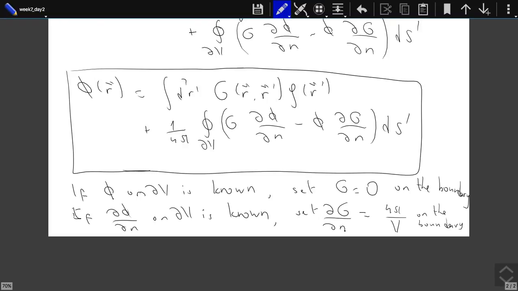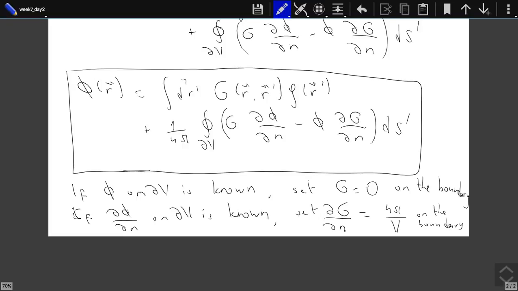If we determine G, to determine phi, we just need to evaluate that integral of the product of G and the charge density, and then add the term that contains the boundary values of phi, which we already know. So the solution is known, for any boundary condition, by the way.